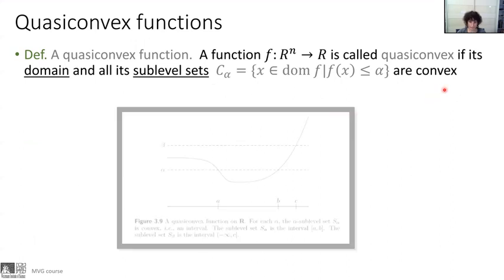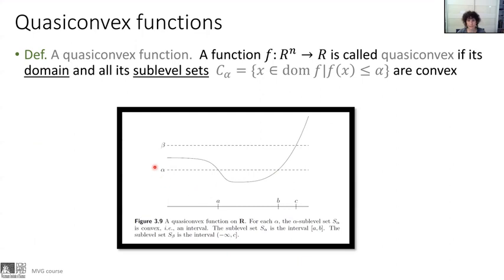Let's see an example. Here, for example, we do not have a convex function, sure, okay. But if I'm asking myself, what are the values in the domain of the function where the function values are smaller than alpha? Immediately you see it's between A and B. And this is a convex set, of course, okay?